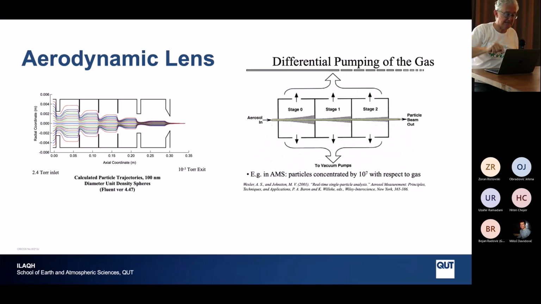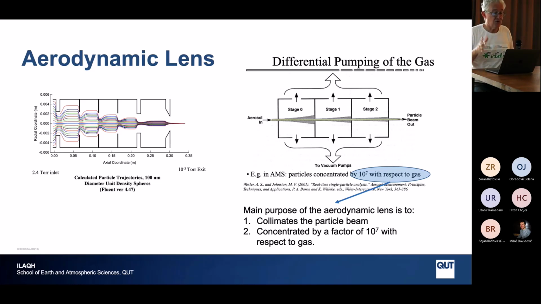Note, you can't see it, but the horizontal distance between each obstacle is around 5 centimeters, while the hole is around 2 millimeters. So they're very small holes. And you can have differential pumping as well, with higher vacuum as you go.